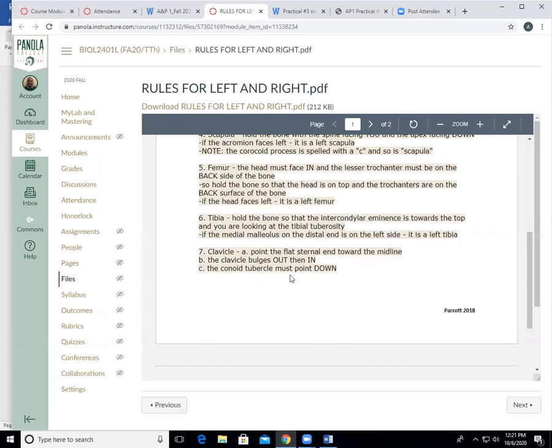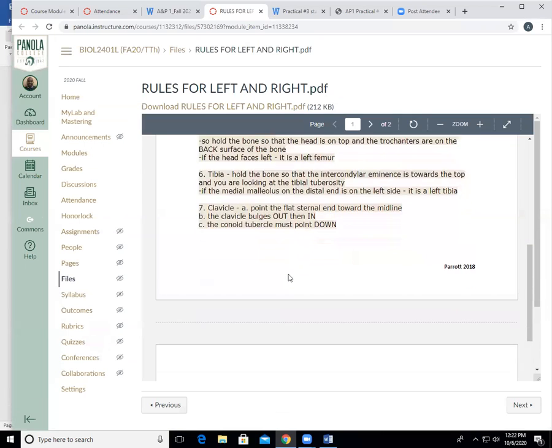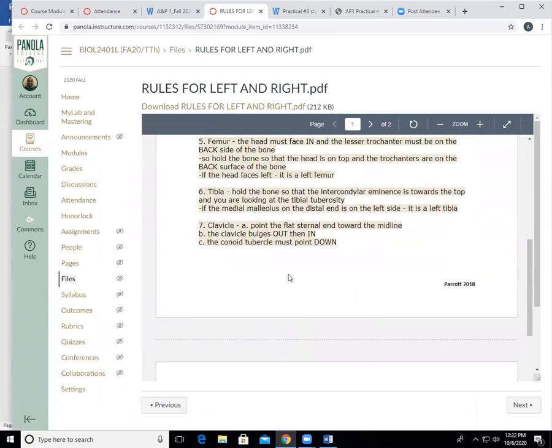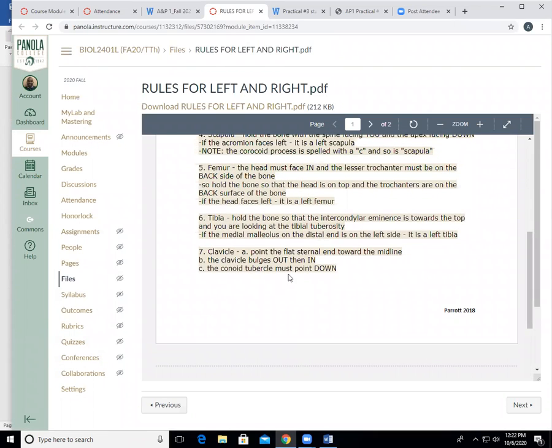The clavicle bulges out and then in. And the conoid tubercle must point down. So the main thing is, you point the flat sternal end toward the midline. It's got to go out then in. And that will tell you which side it is.